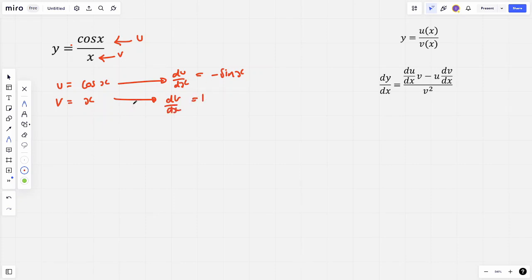We cross multiply, starting from the bottom left hand corner. So we say, therefore, dy over dx is equal to minus x sine x, as we multiply across, minus cos x, so that's multiplying everything else, all divided by x squared. And that's your final answer.